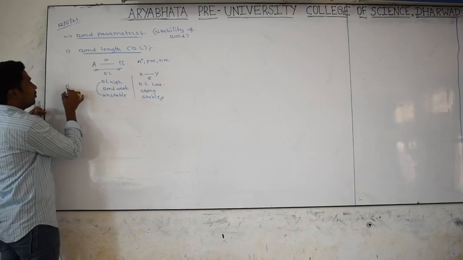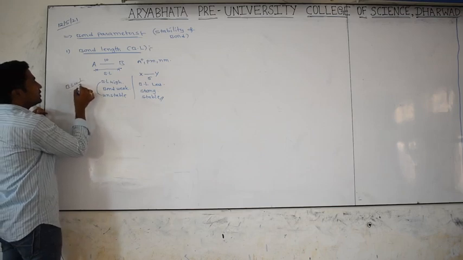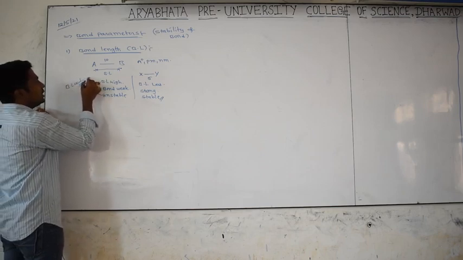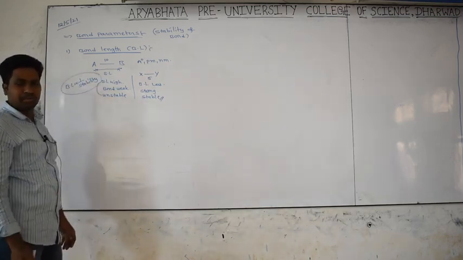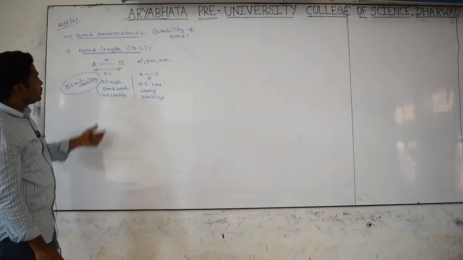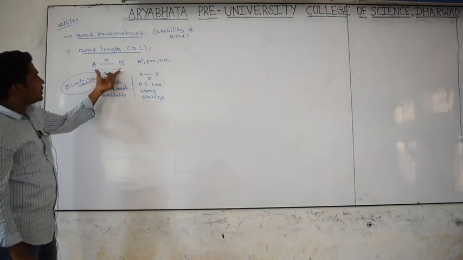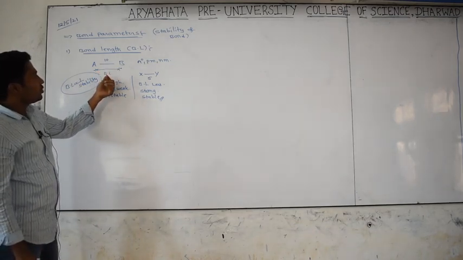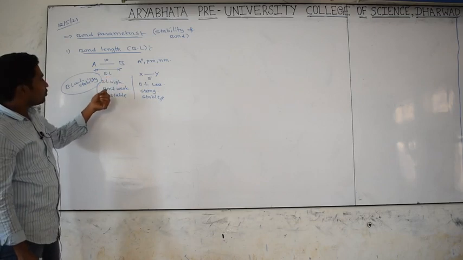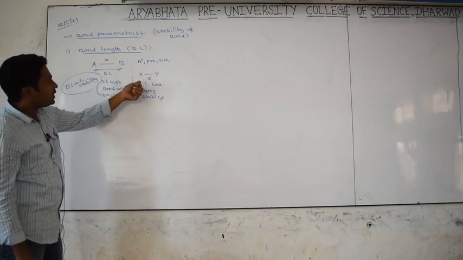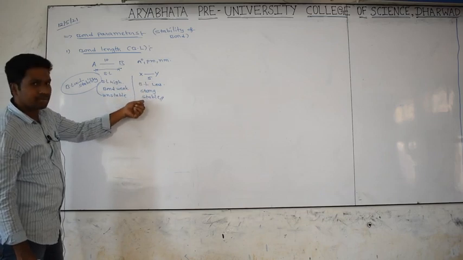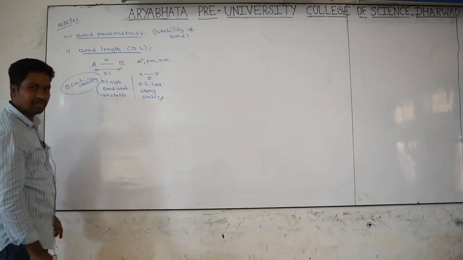That's why bond length is inversely proportional to the stability of the chemical bond or stability of the molecule. Keep in mind this point. The internuclear distance between the two bonded atoms in a molecule is called bond length. So when bond length is high, bonds are unstable or weak, and when bond length is less, the bonds are strong and stable. That's why the relation is inversely proportional.